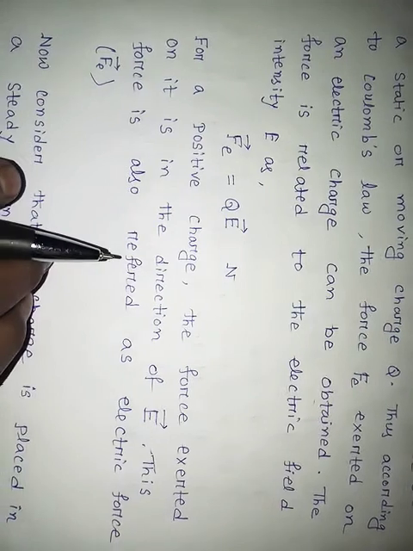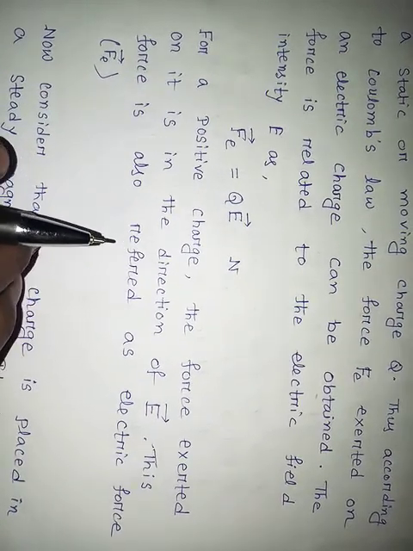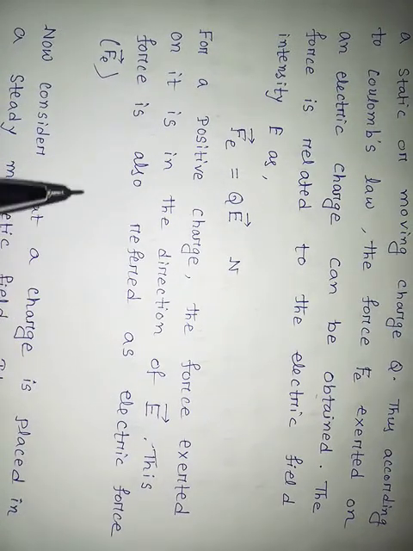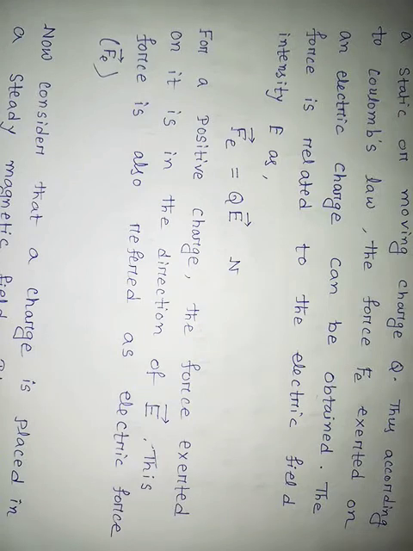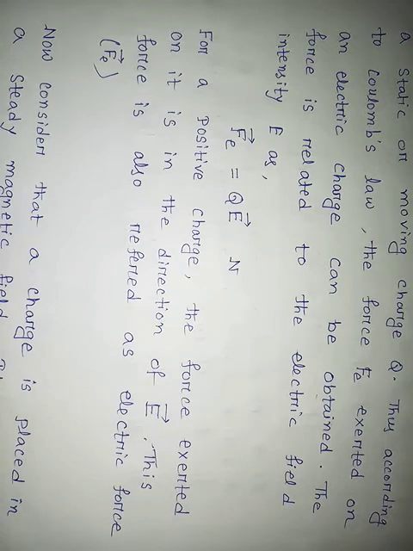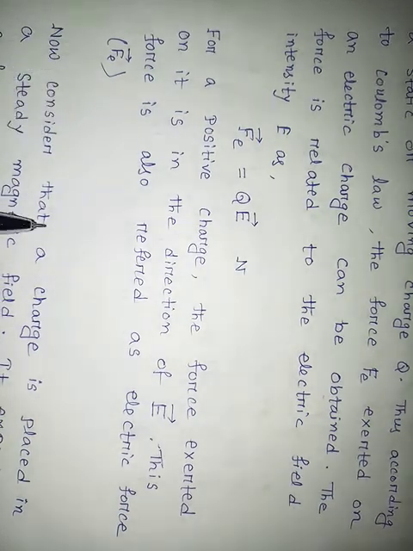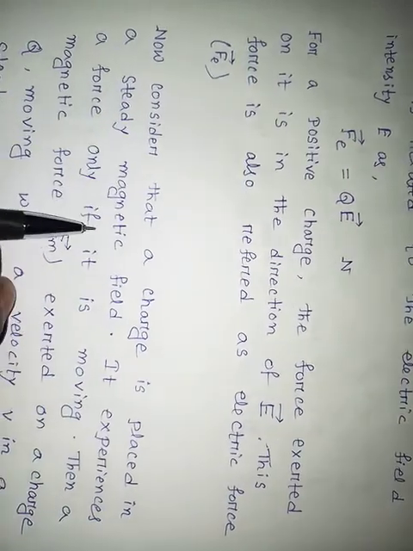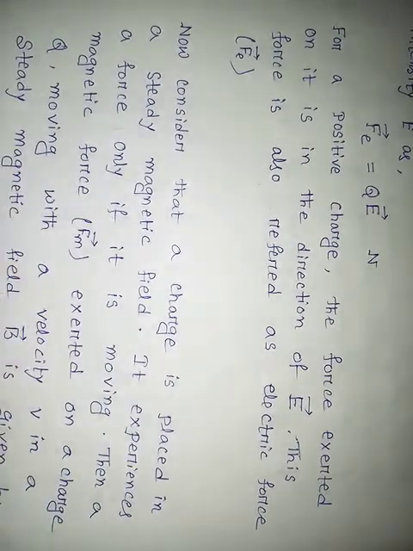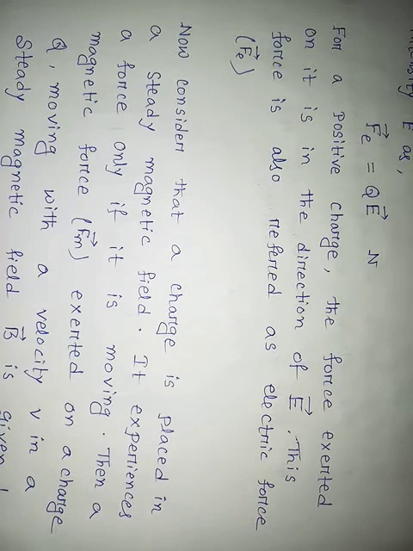Now for a positive charge, the force exerted on it is in the direction of the intensity. That is, where the intensity goes, the force goes in that direction. This force is also referred to as electrical force Fe. Now when a charge is placed in a steady magnetic field, it also experiences a force, but only if it is moving.